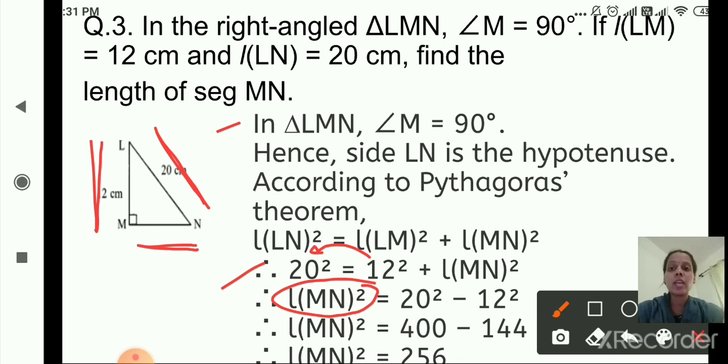Now we will write the squares. 20 square is 400, 20 multiplied by 20. 12 multiplied by 12 is 144. So 400 minus 144, after subtraction we get the answer, 256. So length of MN square is equal to 256. Now we have to find out the length of MN. So we'll find the square root of 256.